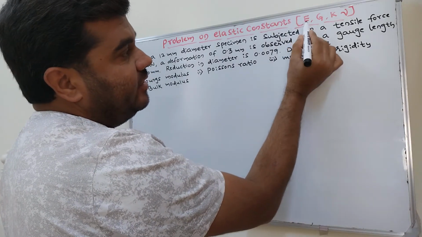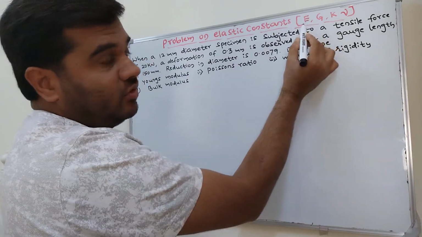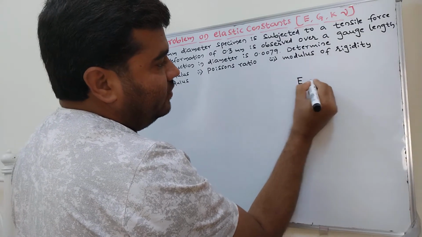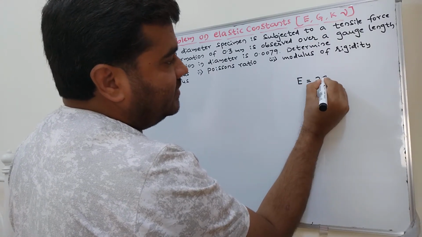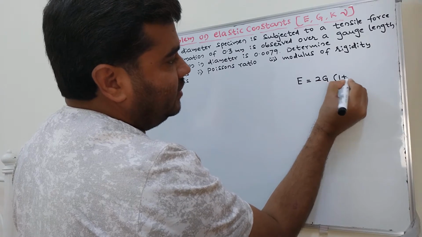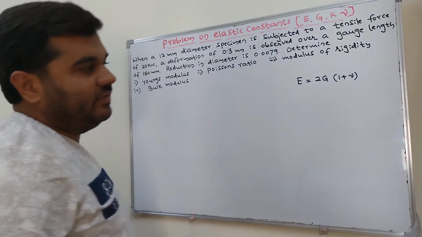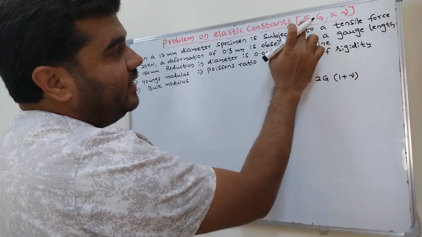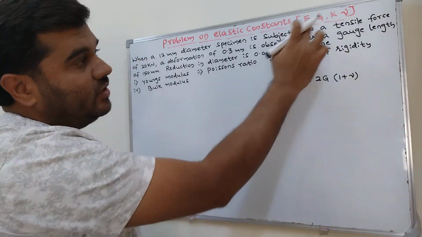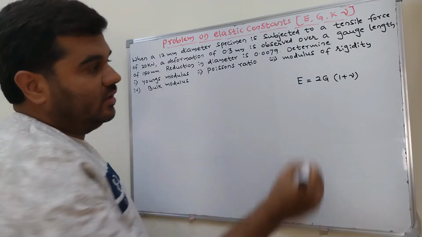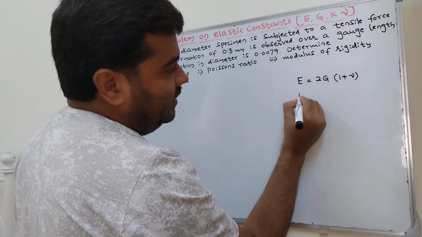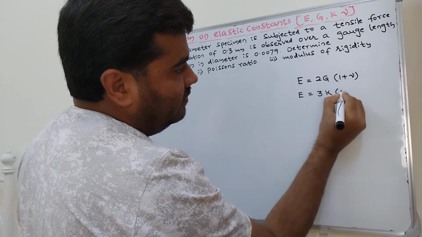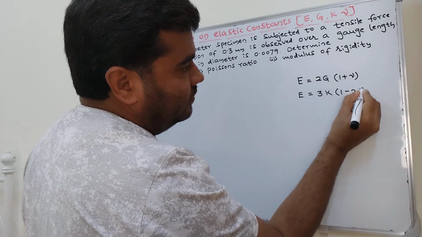If we want a relation between E and G, that is Young's modulus and the modulus of rigidity, we derived the relation E equal to 2G into (1 plus nu). If you want the relation between E and K, that is Young's modulus and bulk modulus, we derived E equal to 3K into (1 minus 2 nu).